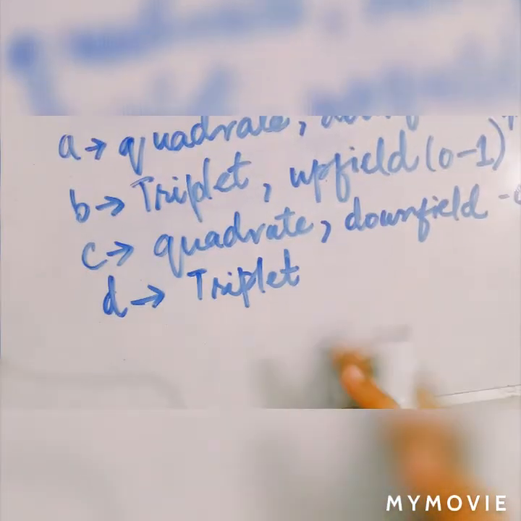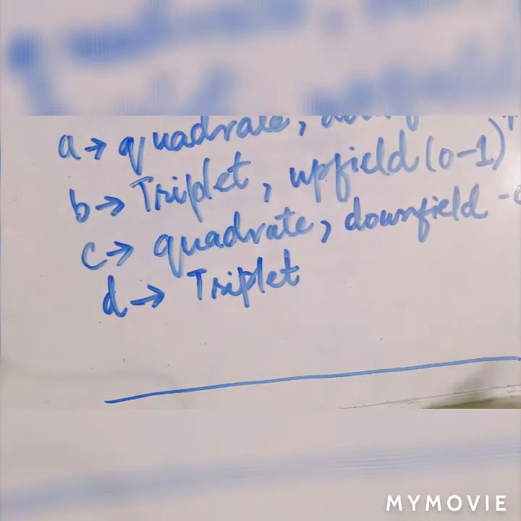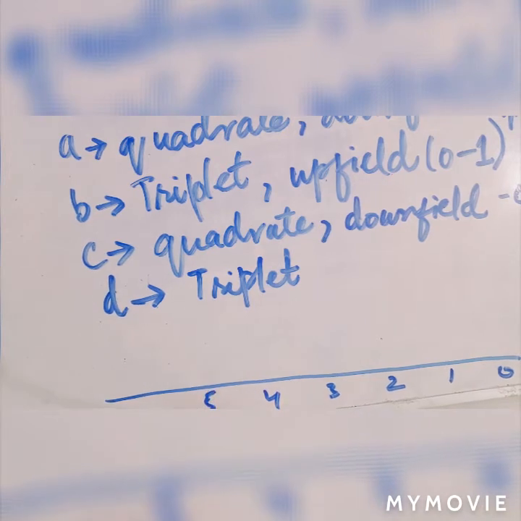So the signal will be like this: 0, 1, 2, 3, 4, 5, 6.